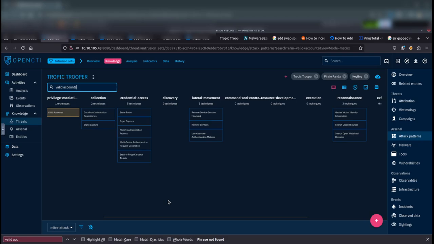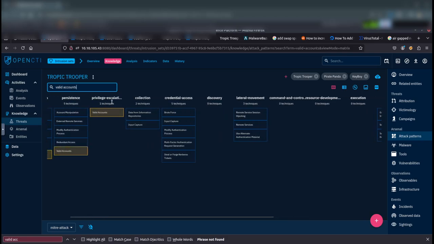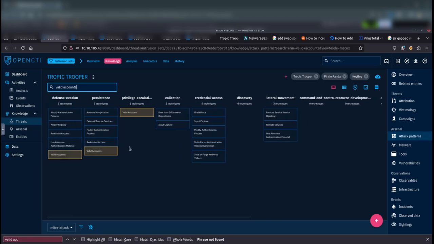Initial access, privilege escalation, persistence, and defense evasion.